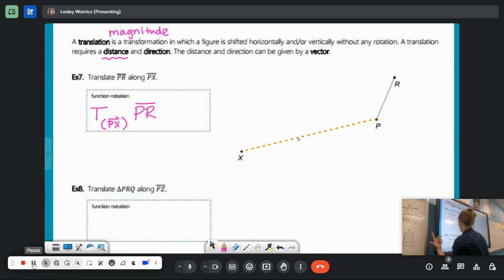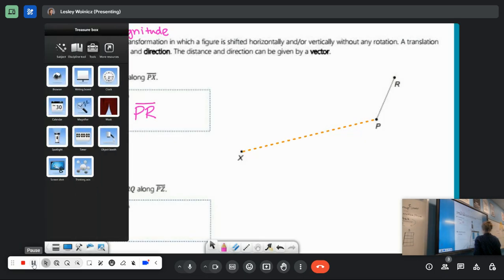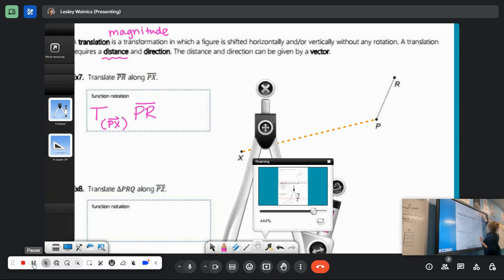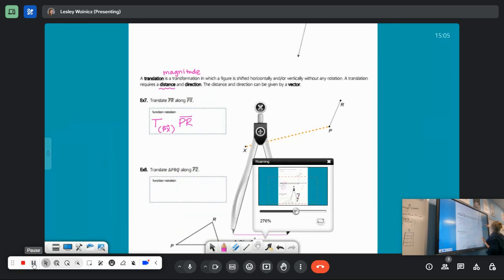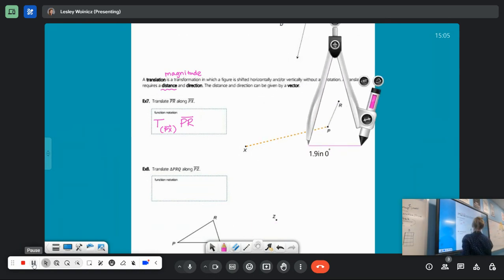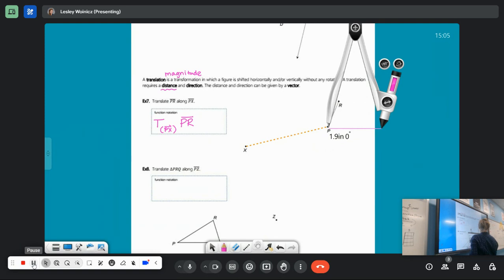All right, so you need your compass. You're like, we already have ours. Get with the program, lady. So we are going to copy that distance. I'm going to copy my distance from P to X. I want orange.